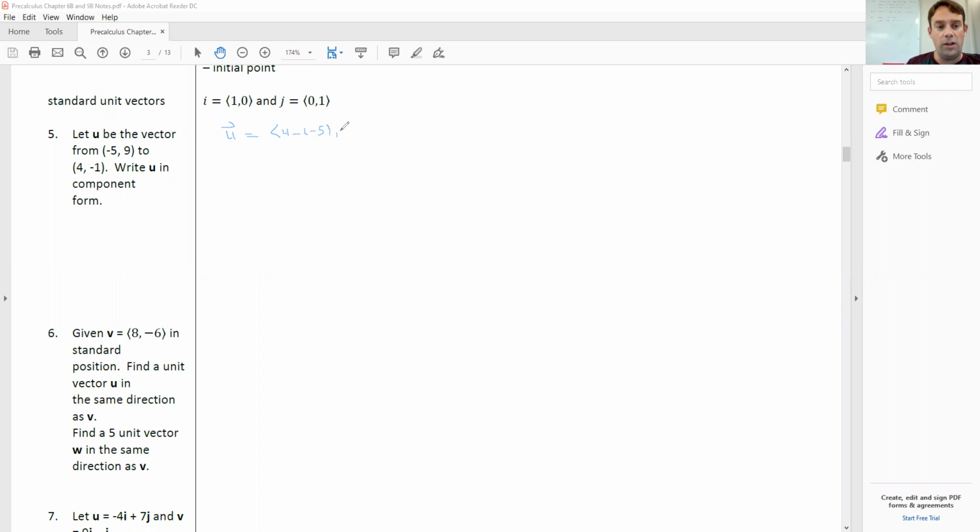It's ending at negative 1, but it started at 9. So we end up with 9 and negative 10. Next part says write u in component form. I can do that. So that would be 9i minus 10j.